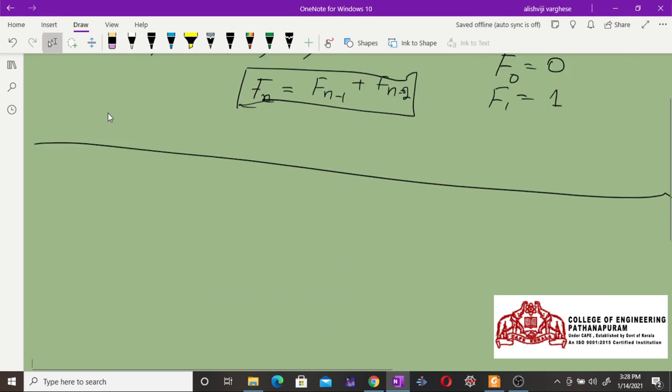Now, in a recurrence relation, the nth term is expressed in terms of its previous terms: an minus 1, an minus 2, etc., a1, a naught can be present in the expression, and in some cases the expression may contain the term n also.